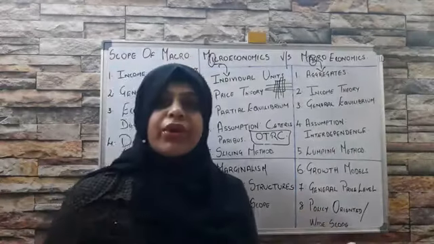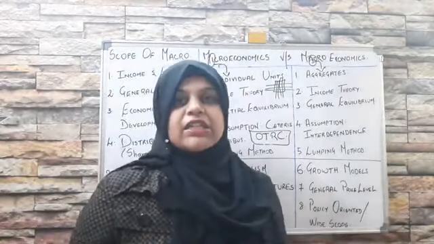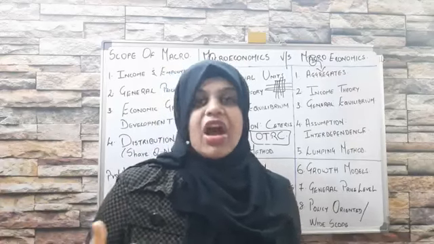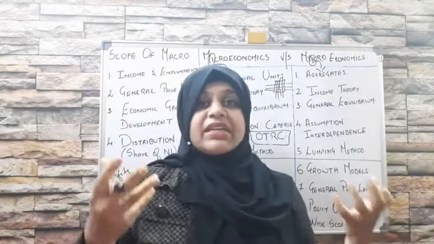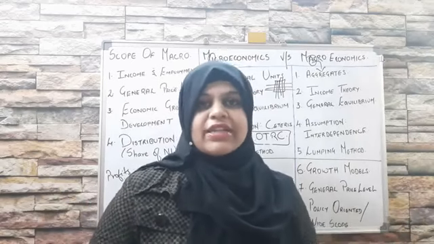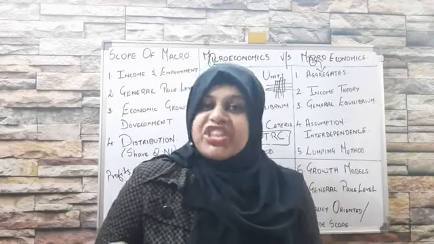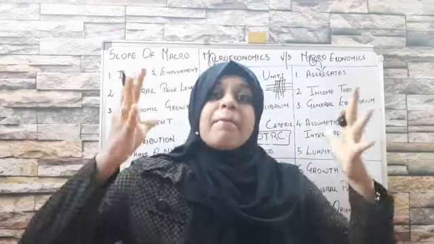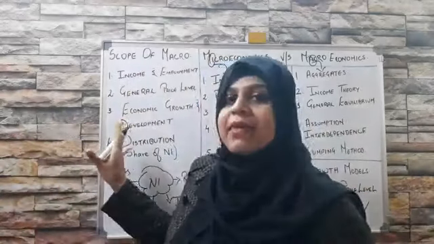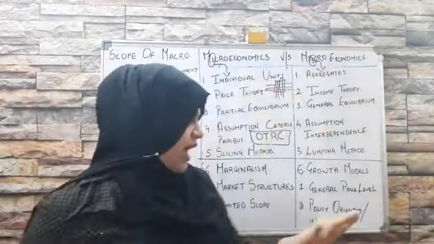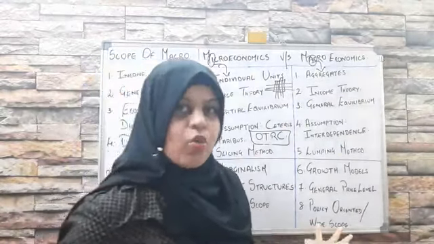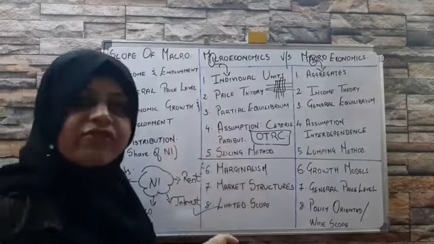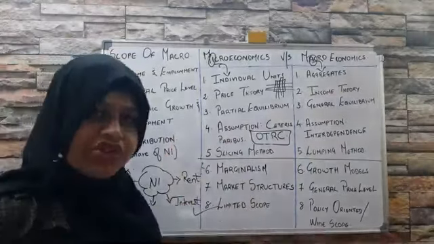How are we going to start the growth of a country? How are we going to start the development of our economy? The big decisions like demonetization, the big decisions like GST, these are all macro decisions which come under macroeconomics. So that is why the scope of macroeconomics is wide. So you can take these 5 to 6 points in your distinguished answer.